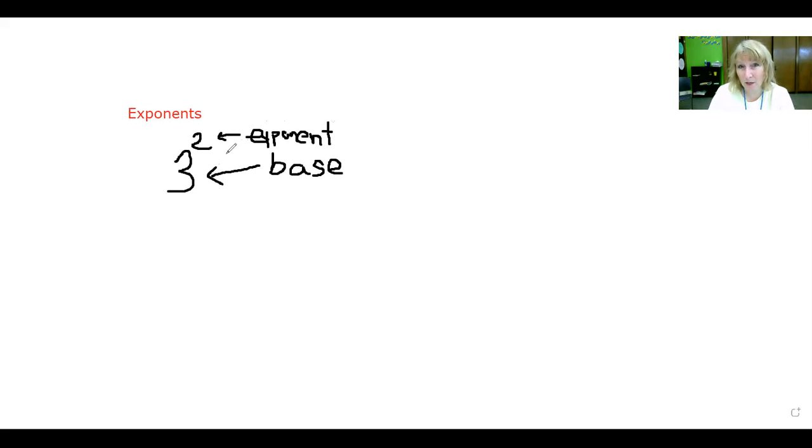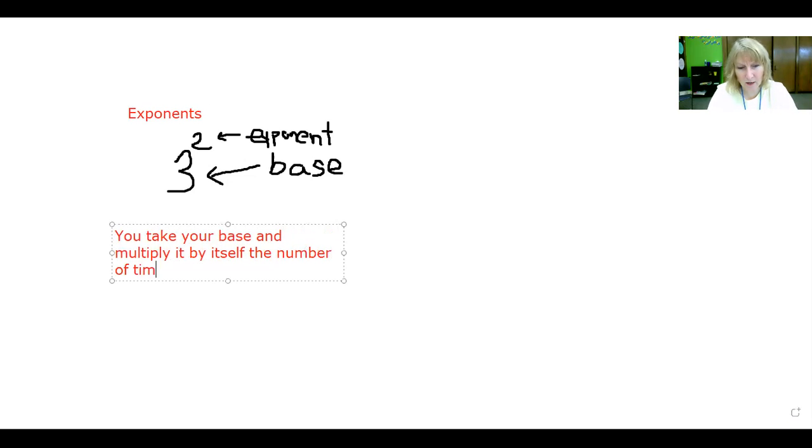Okay, so what that means is you take your base and multiply it by itself the number of times shown in the exponent.